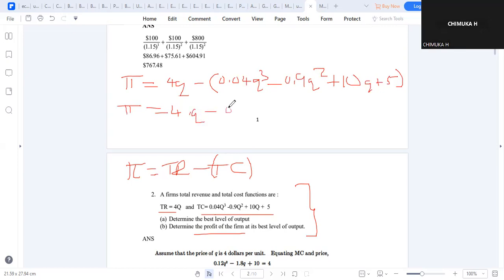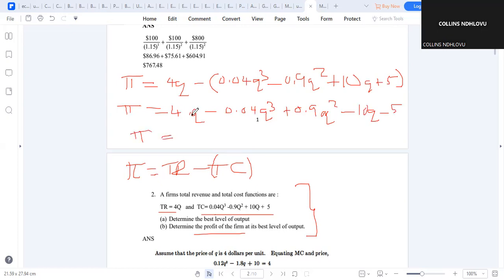To negate everything that is positive, it will negate them. Everything that is negative will be positive. So the negative 0.9 will be positive 0.9, the 10 will be negative, and the 5 will be negative.